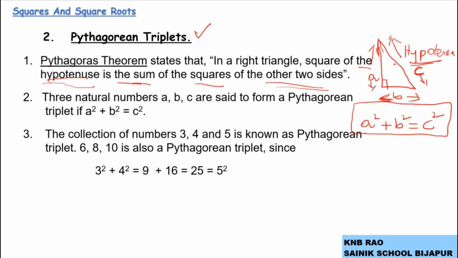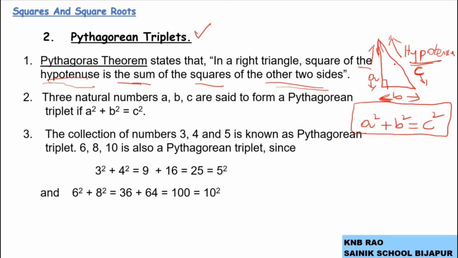Now, 6, 8 and 10 also a Pythagorean triplet. Why? You can check same way. 6 square plus 8 square equal to 36 plus 64, whose sum is 100, and that can be written as 10 square.